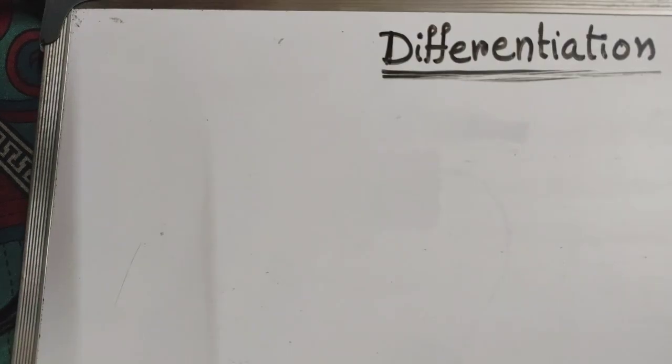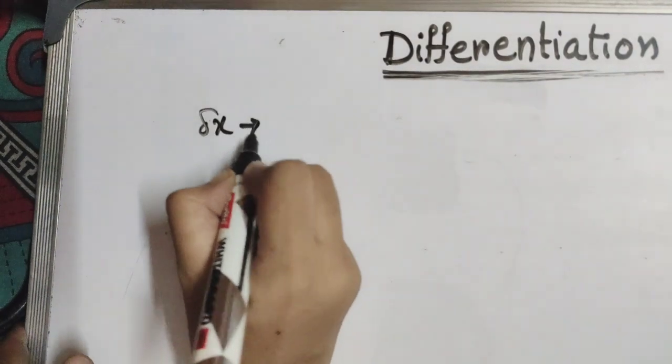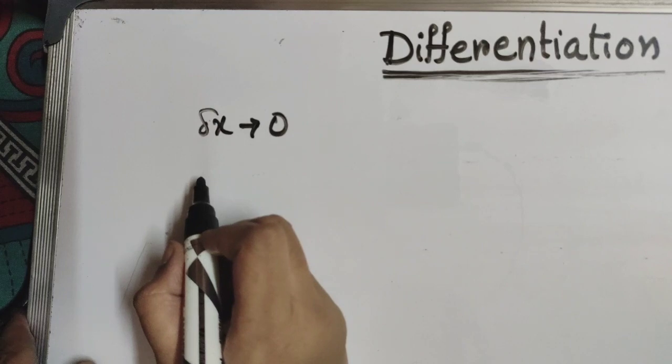Now if del x tends to 0, then what can we apply here? Limit.